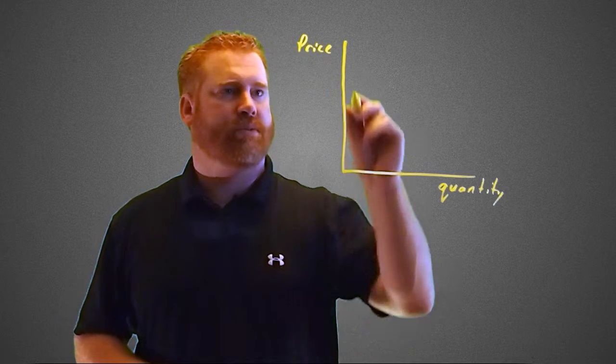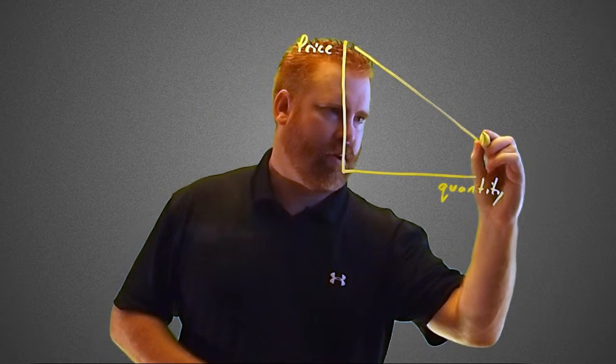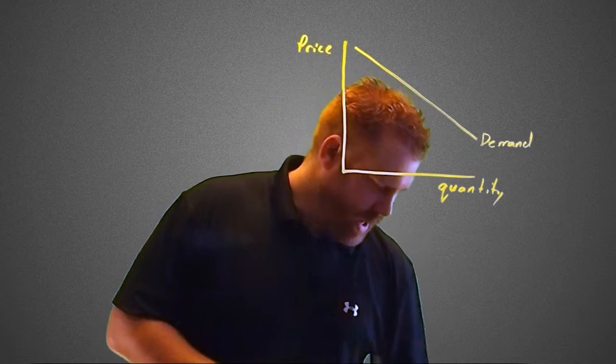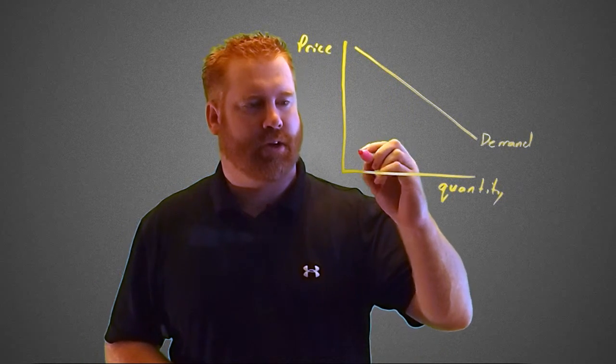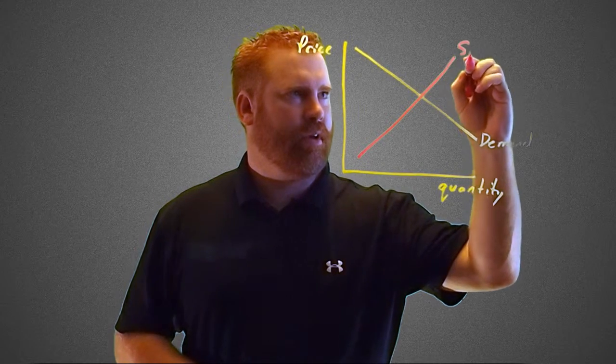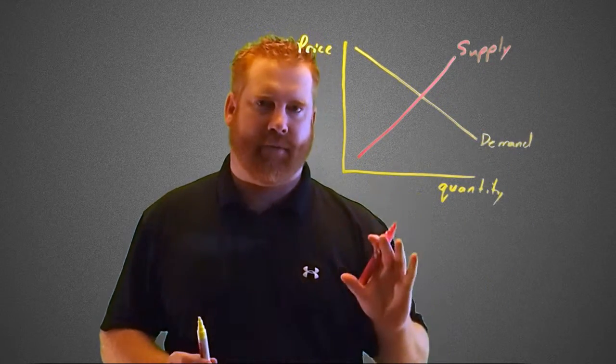Now, once again, we're going to have our downward sloping demand curve, and we are going to have our upward sloping supply curve. And what we get is this X-type pattern.